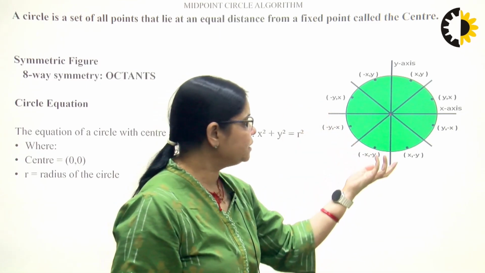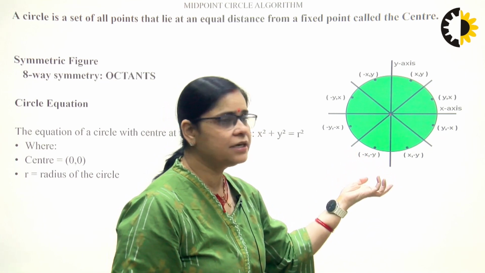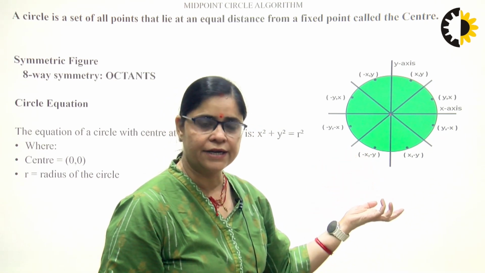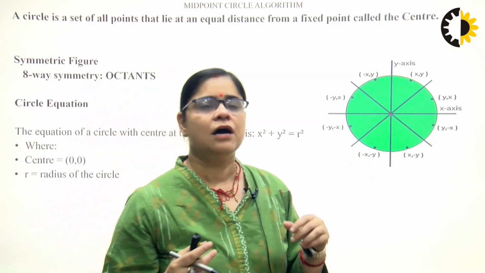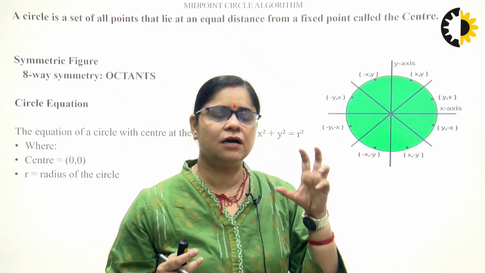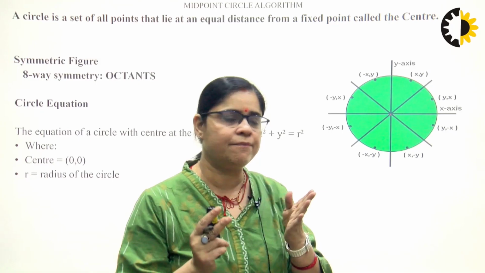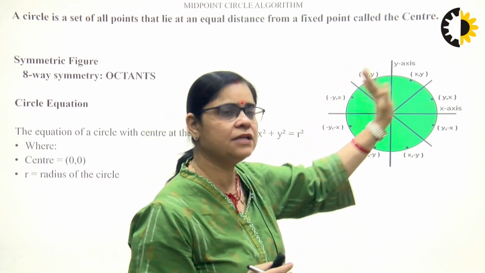By this figure, we can clearly see that the circle has 8-way symmetry, an octant. For example, take a paper, cut a circle from it and fold it: first fold, second fold, third fold.